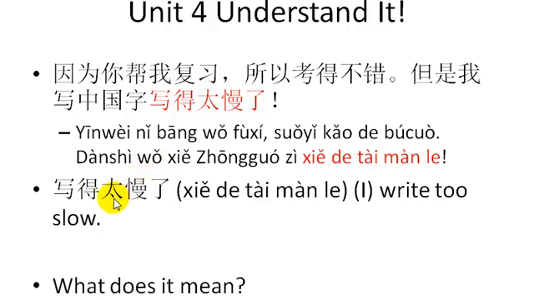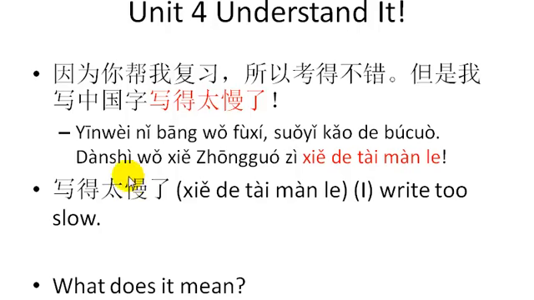Okay, 太慢了. So 太 means too, like too much. So here's the formula. 太, adjective, 了. And all it means is too slow. You can substitute any other adjective, and you can have too hot, too cold, I'm too hungry, it's too fast, it's too slow, it's too early, it's too late, right?